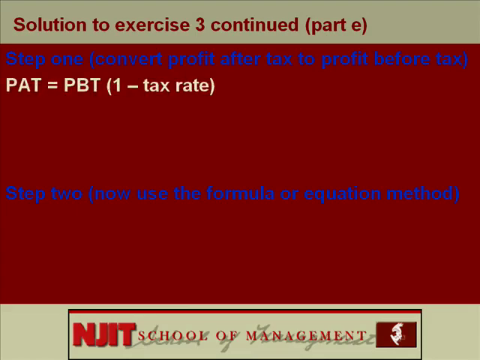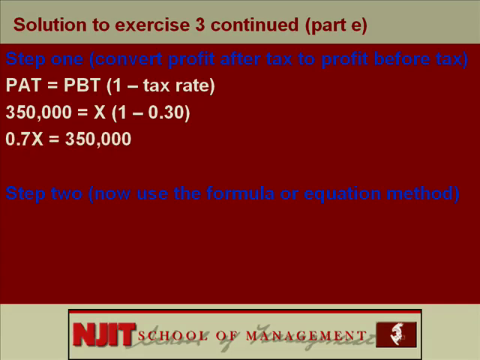So PAT equals PBT times 1 minus tax rate. 350 equals X, the profit before tax, times 1 minus 0.3, which is 0.7. So 0.7x is 350, and x is 500,000.